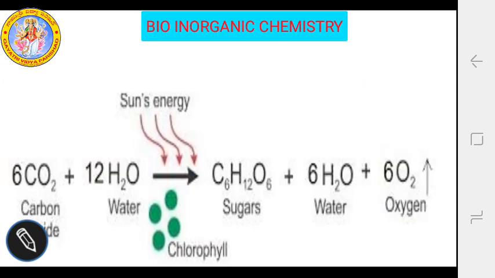And now you can see on the screen the equation, a chemical reaction of photosynthesis. 6 molecules of carbon dioxide react with 12 molecules of water in presence of sunlight and chlorophyll, and form carbohydrate, sugars, water and oxygen.